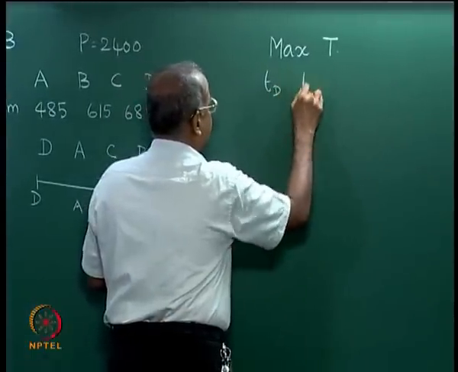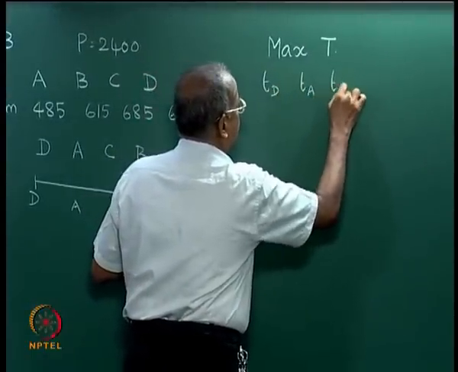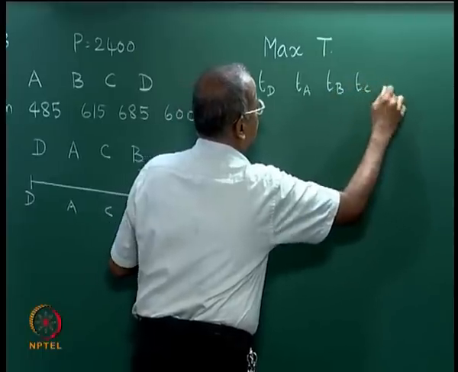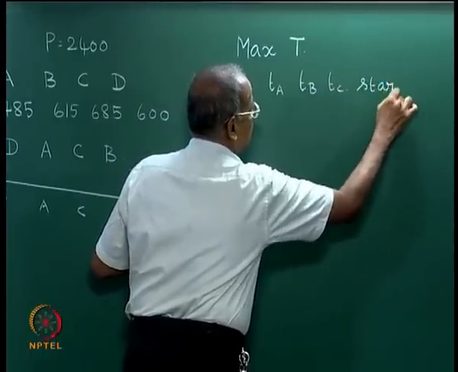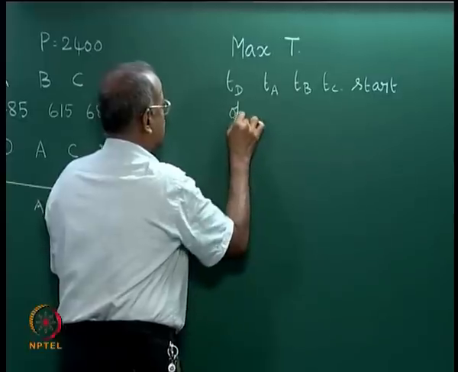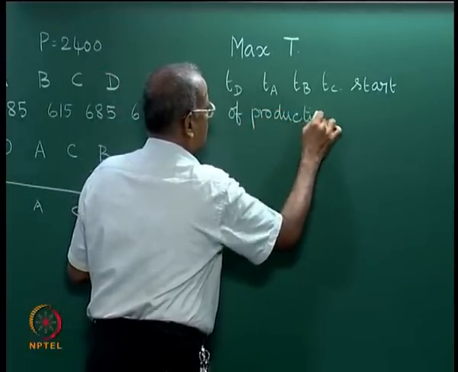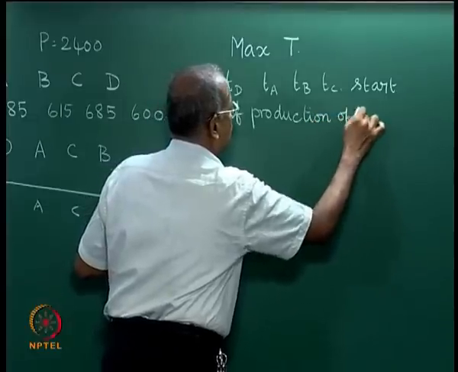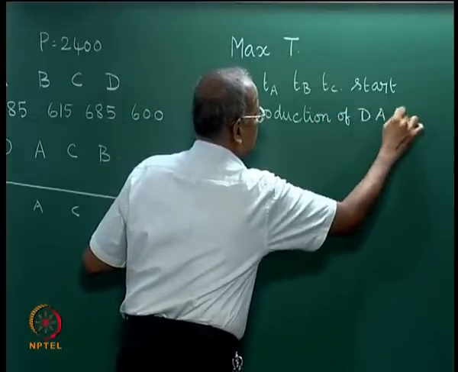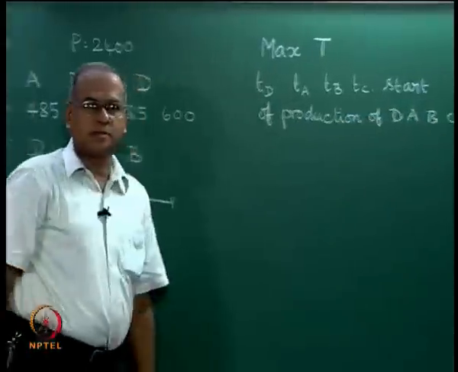Now we will start producing them in the order D, A, C and B, and then we will say let TD, TA, TB, TC represent the start of production of D, A, B, C respectively.